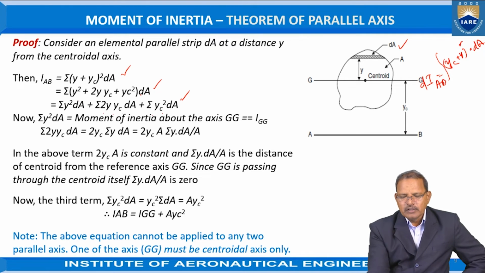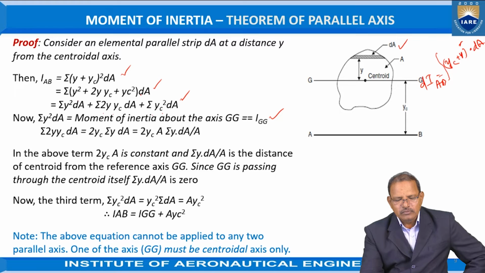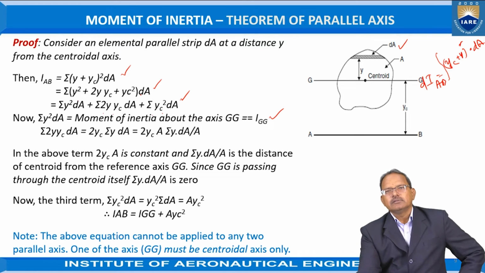Hence, it can be represented as I_GG. In the second term, 2 is a constant, YC is the distance between the two parallel lines, which is also constant, and the area is also constant.